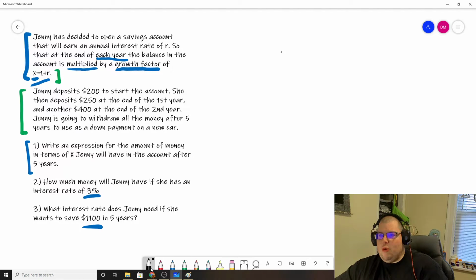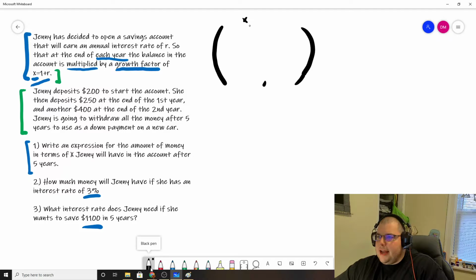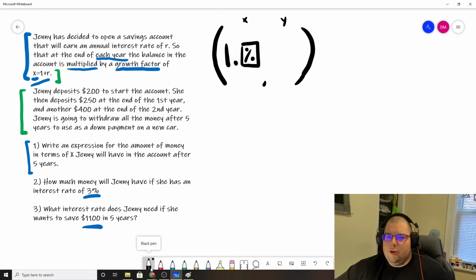So that means that Y is going to represent our money. If we're looking at a specific point, our points are always X comma Y. So X is going to be 1 point, and then the interest rate, which is a percentage, will be turned into a decimal and added to 1.